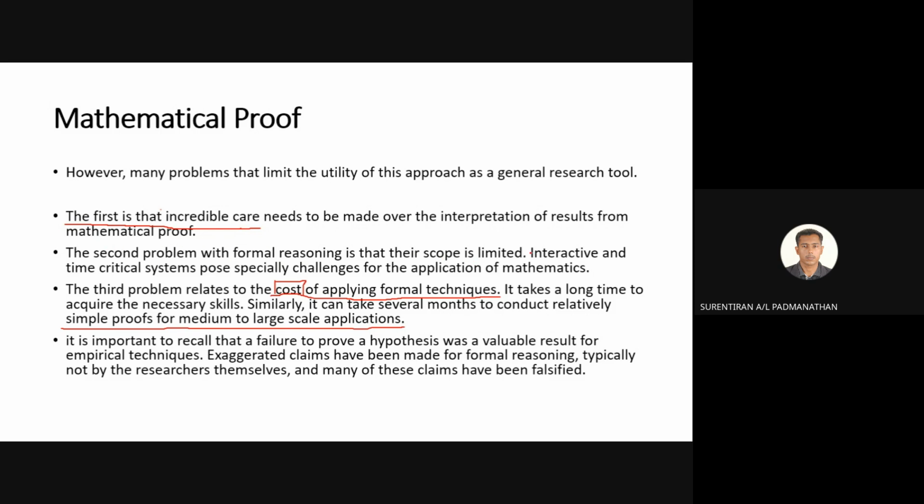Interactive and critical systems pose especially difficult challenges for the application of mathematics. The third problem is related to the cost of applying formal techniques. It takes a long time to acquire the necessary skills.